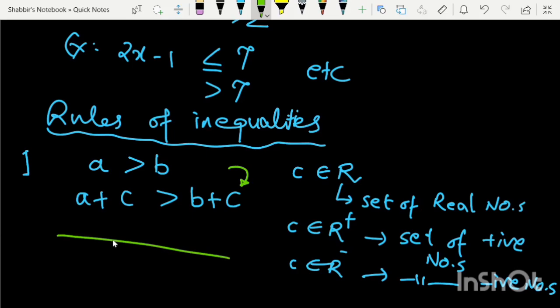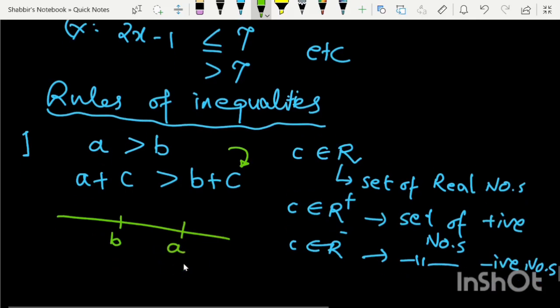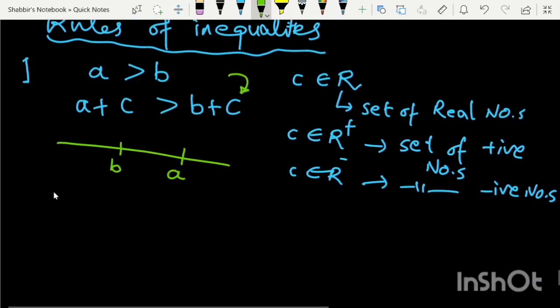Suppose since A is greater than B, then A would be on the right side with respect to B on the number line. Now if you add a constant number C to B and A, both get shifted equally by a distance C.